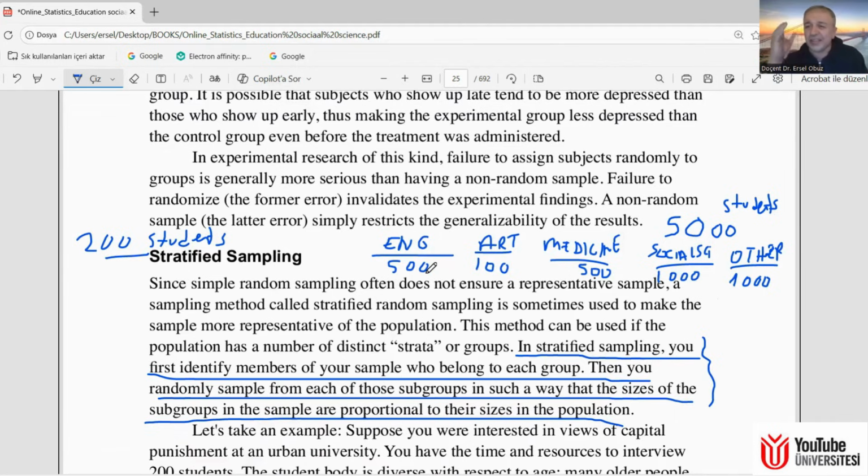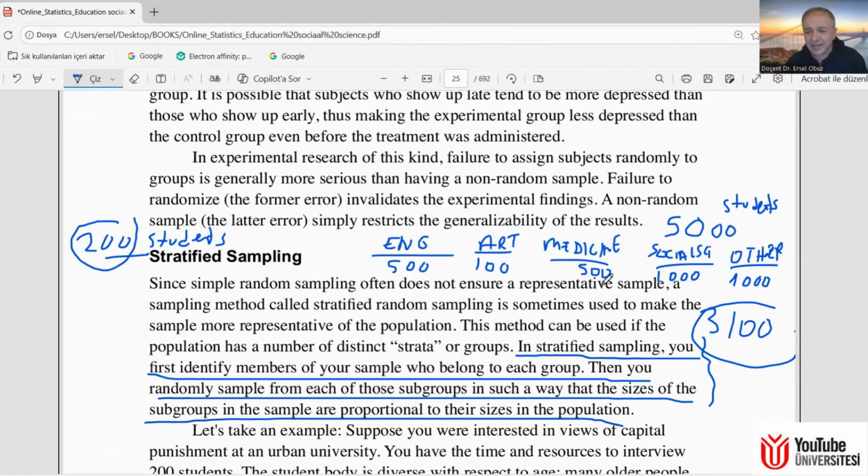So you need to use a proportion to do proper stratified sampling. What it means, let's add them up: 2,000, 2,500, 2,600, and 3,100 students that you are interested in. So you will take 200 students.